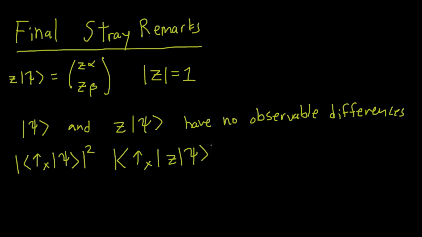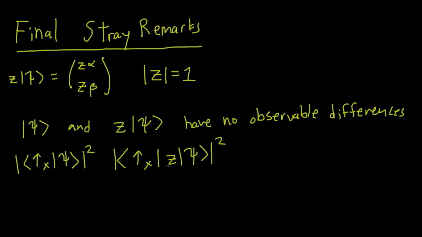It's a little weird notation, but all it means is that z psi is now the state that you're computing the inner product with the spin up state in the x direction.